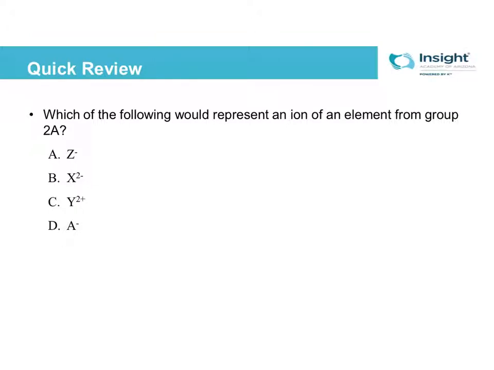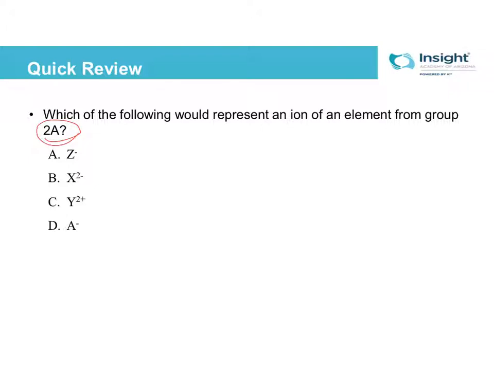All right, quick review. Which of the following would represent an ion of an element from group 2A? So this is remembering that group A ion pattern. I keep mentioning it, it's going to come back to haunt you if you don't have this written down somewhere, so you can look this up.